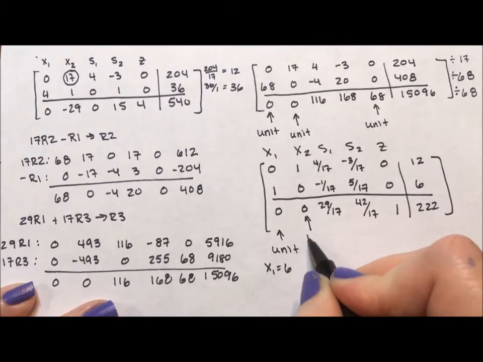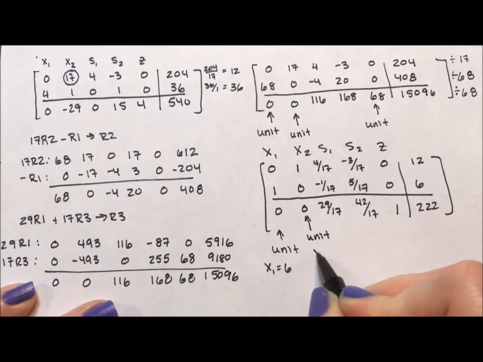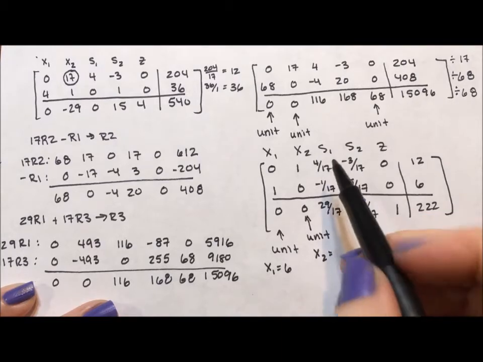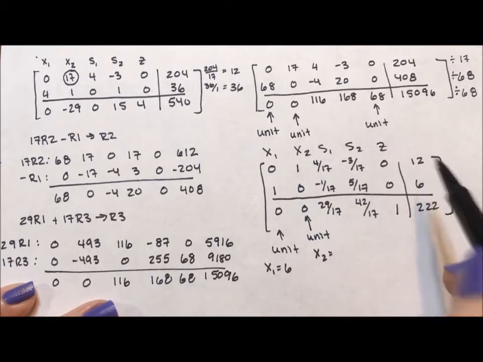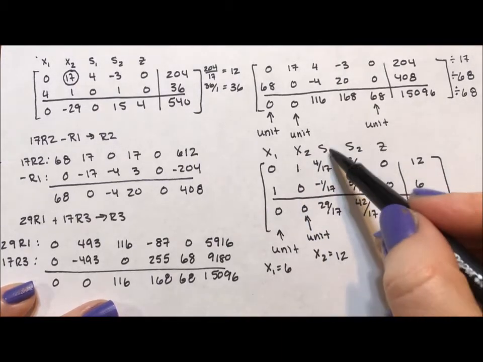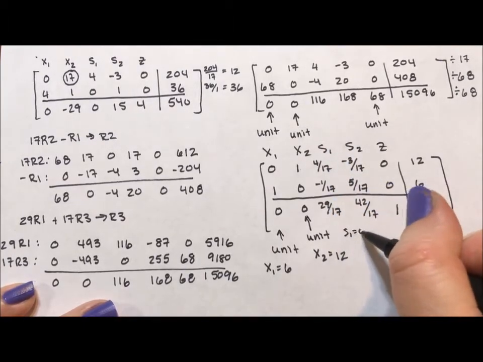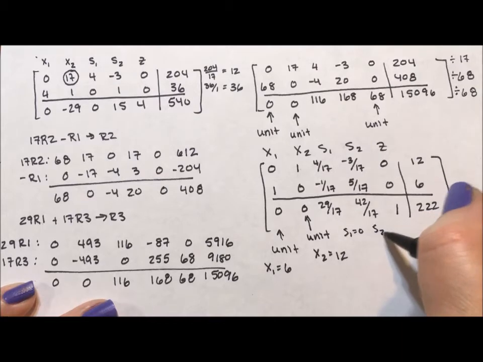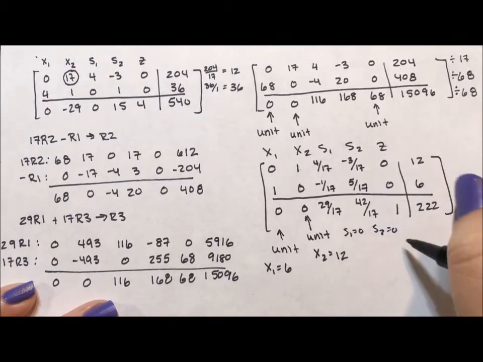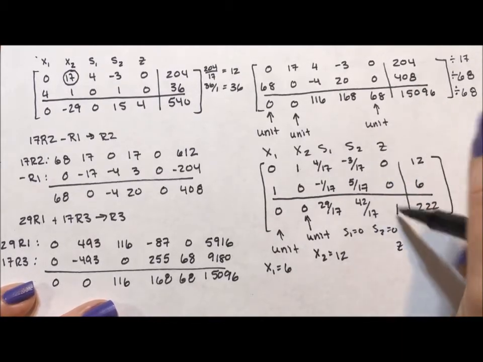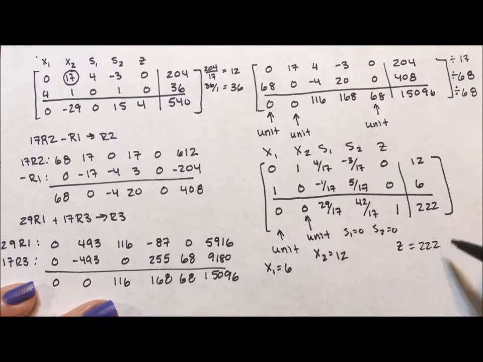X sub 2 is a unit column. Because x sub 2 is a unit column, x sub 2 has a value that isn't 0. It is 12. Slack 1 is not a unit, so this would actually end up getting the value of 0. Slack 2 isn't a unit, so it gets the value of 0. Z is a unit whose value is 222.